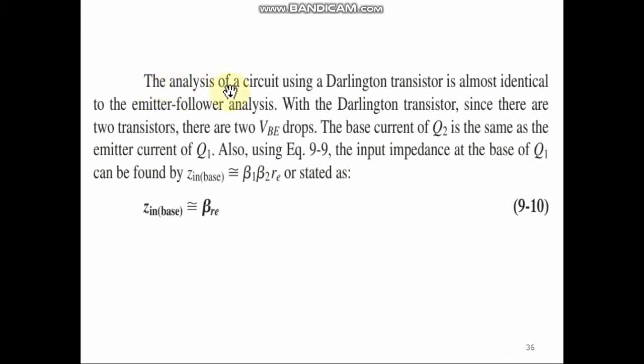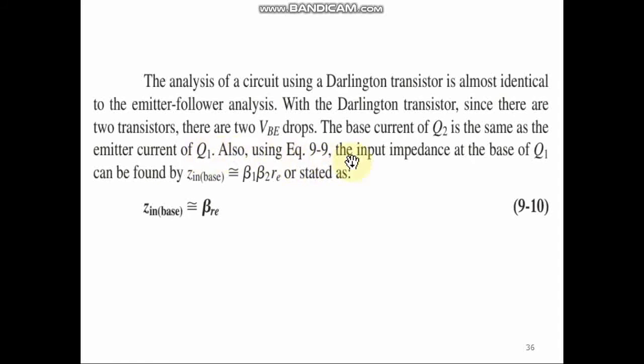The analysis of a circuit using Darlington transistors is almost identical to emitter follower analysis. With the Darlington transistors, since there are two transistors, there are two VBE drops. The base current of Q2 is the same as the emitter current of Q1, as we have seen.